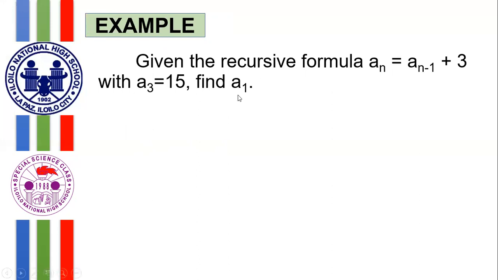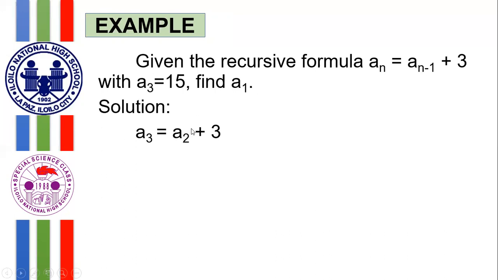Given a sub 3, to get a sub 1, we still need to get the value of a sub 2. Let's have n equals 3, and you will see the reason why. If n is 3 here, by substitution, it becomes a sub 3 equals a sub 2 plus 3.